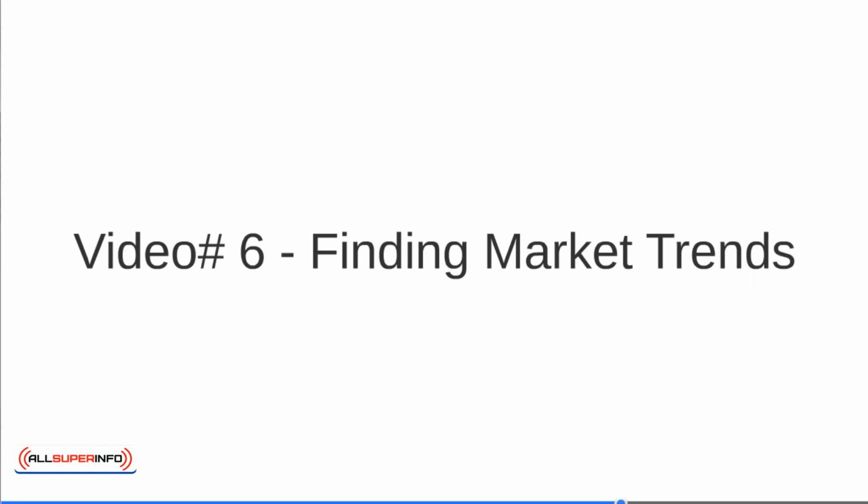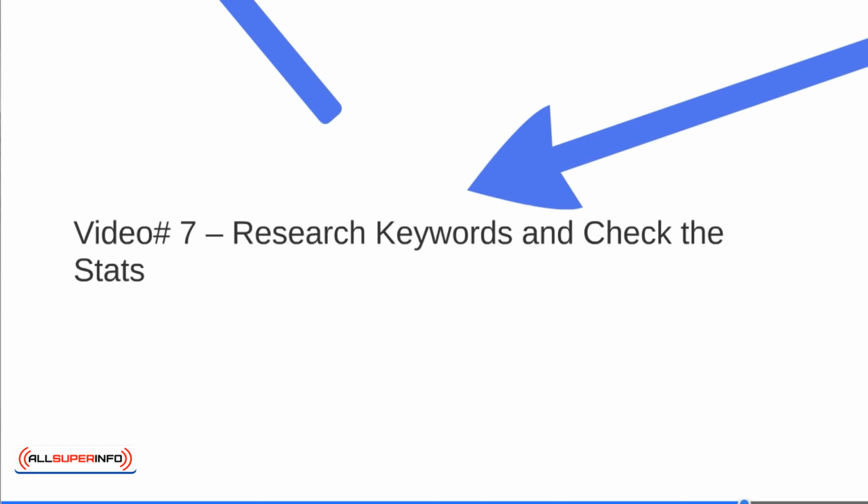In video number 6, we're going to talk about finding market trends to figure out what kind of trends are going on in that specific market. What is going on, what trends are going away, and things like that. And that brings us to video number 7, which is researching keywords and checking the stats. Now, keyword research is a little bit more detailed than market research.